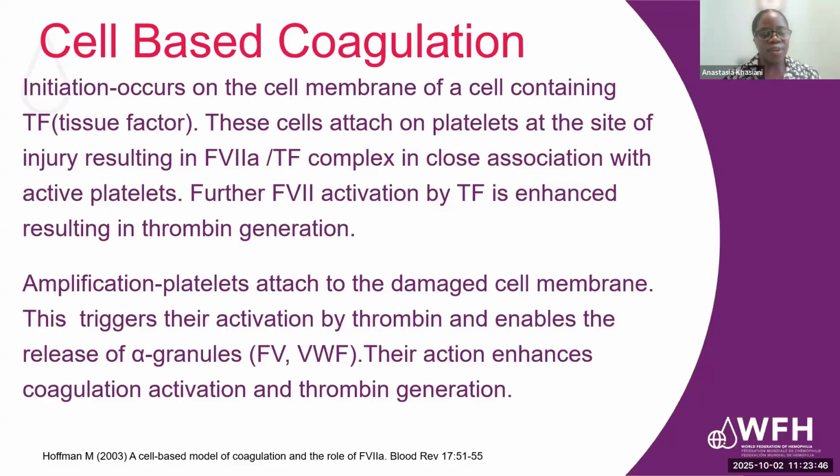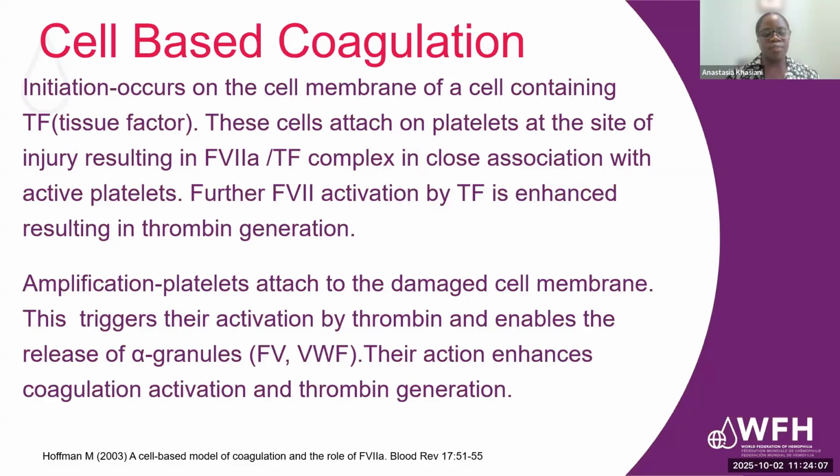And the next phase is the amplification, where platelets attach onto the damaged cell membrane. This is through the assistance of the von Willebrand factor. So this enables them to be activated and become sticky and attach onto each other.